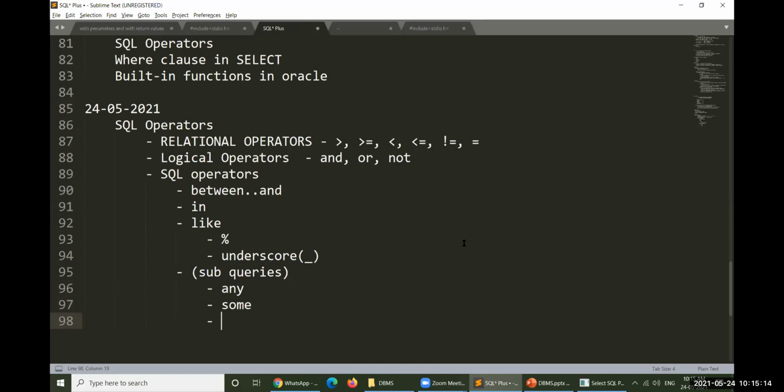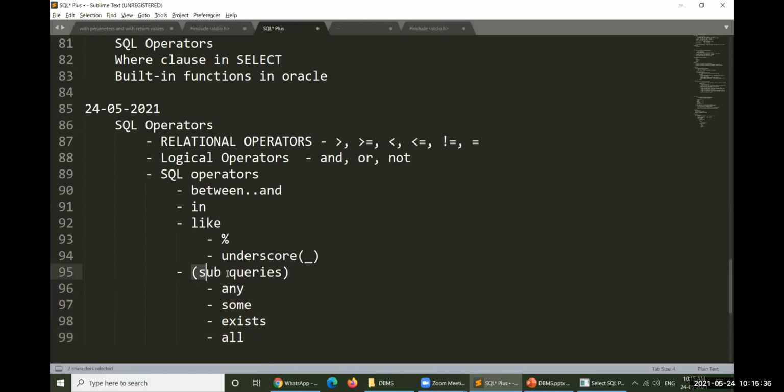Third operator is EXISTS, and fourth operator is ALL. These are the four operators which are used for subqueries only.